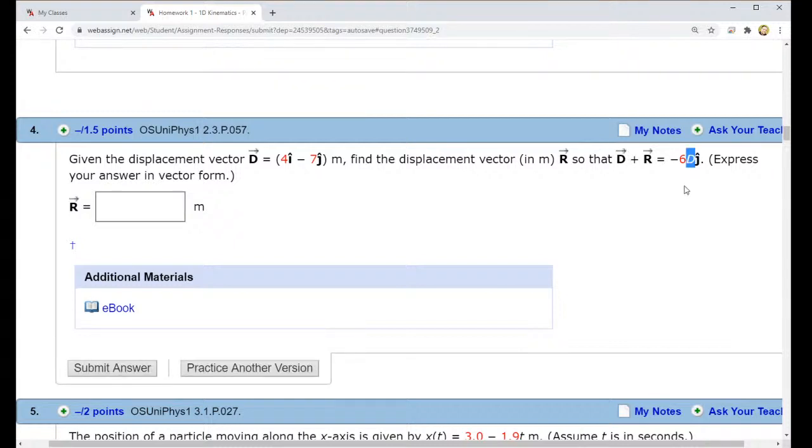What the heck is this D? It's something different. What do you think that is? Tell me in the comments. What the heck is that thing?